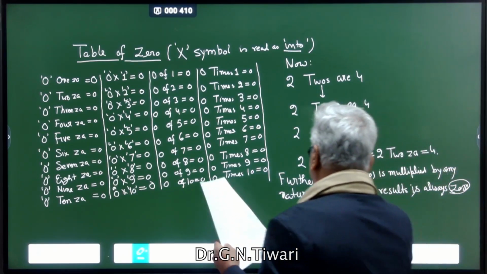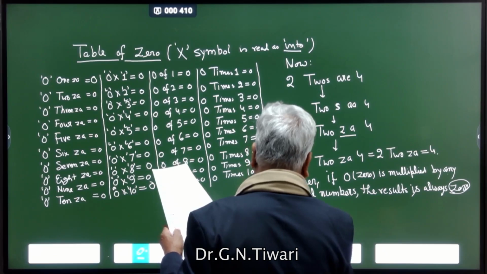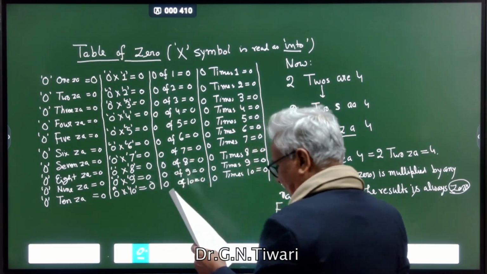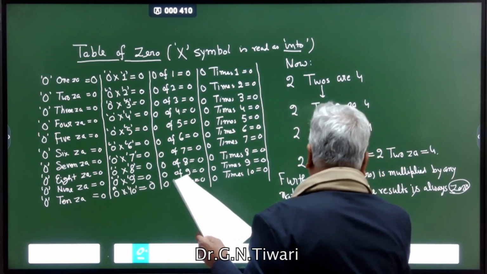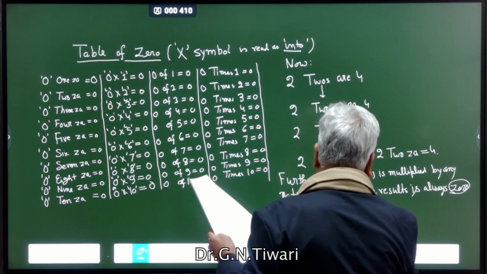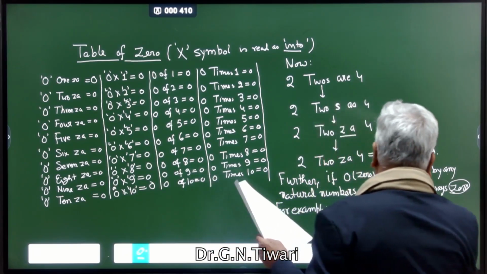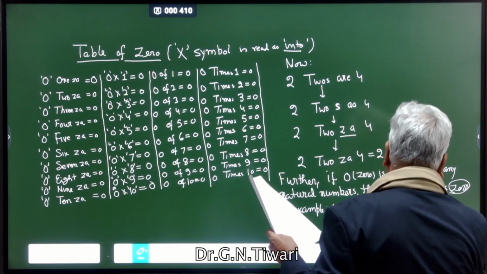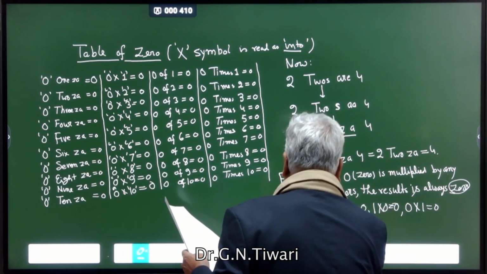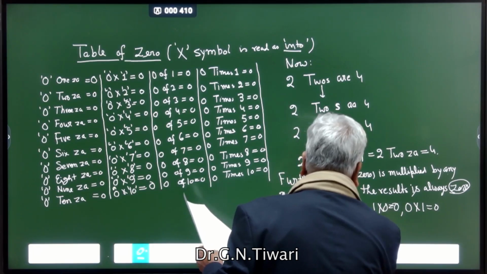For example, be careful. 0 into 0 is also 0. 1 into 0 is also 0. 0 into 1 is also 0. 0 into 99 is also 0. 0 into 50 is also 0.